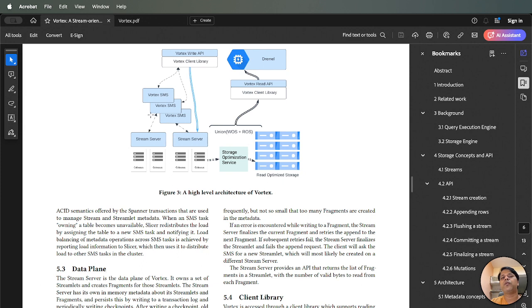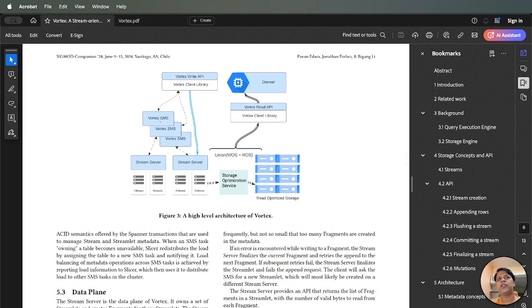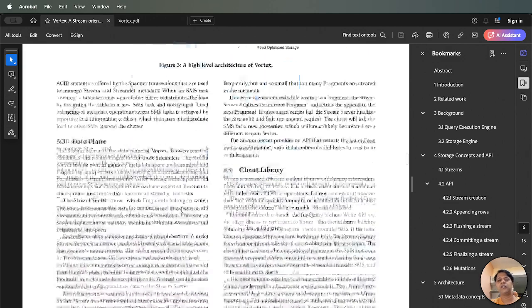There is no role for SMS until there is a failure and some data consolidation needs to happen. So first there is coordination, giving the work of writing and managing the stream to the stream server, and once that is done, the writing communication happens between the client and the stream server.